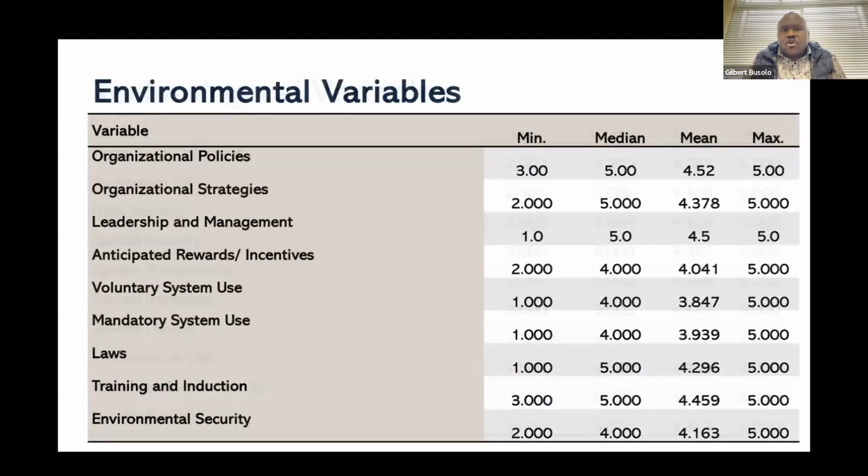On the environmental variables, these are the conditions, the things that exist even around us. We looked at things around 4.52, having a mean of 4.52. That is the organizational policies. That is, the laws governing an organization are very key to support implementation of a system.